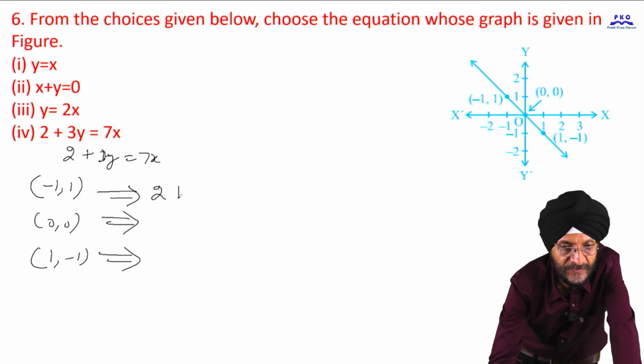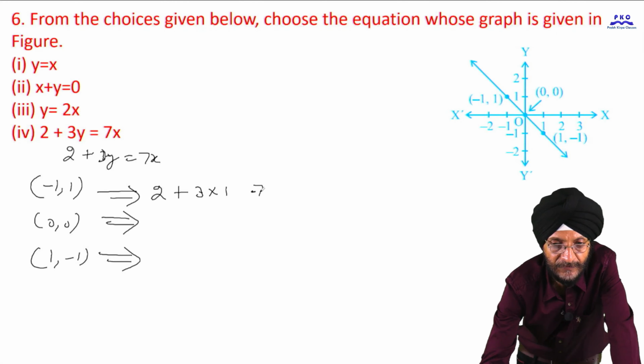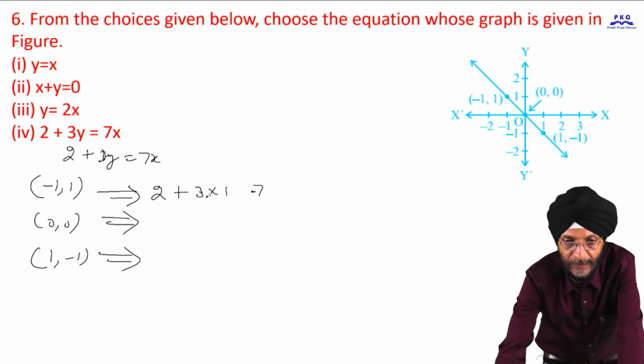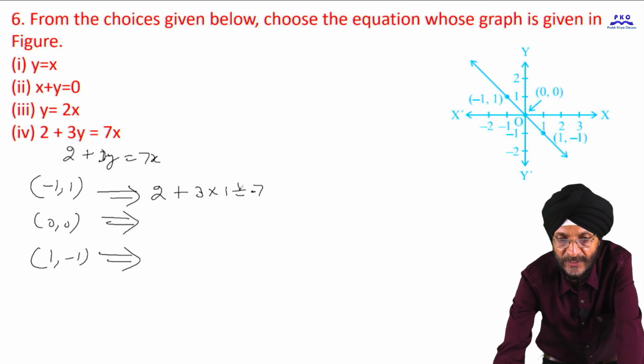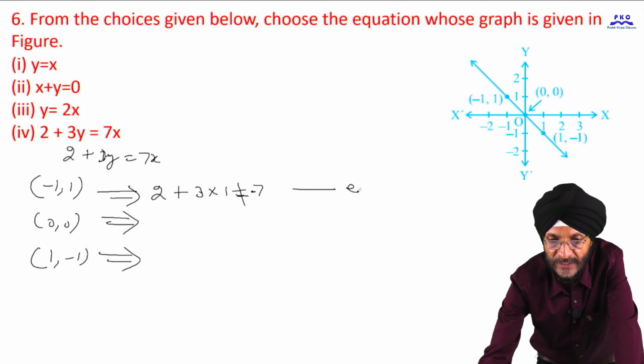Value of y is 1. On the other hand, x is -1, so it becomes -7. It becomes 2 plus 3, 5 is equal to -7? No, it is not equal to. 5 is not equal to -7. Equation not satisfied.